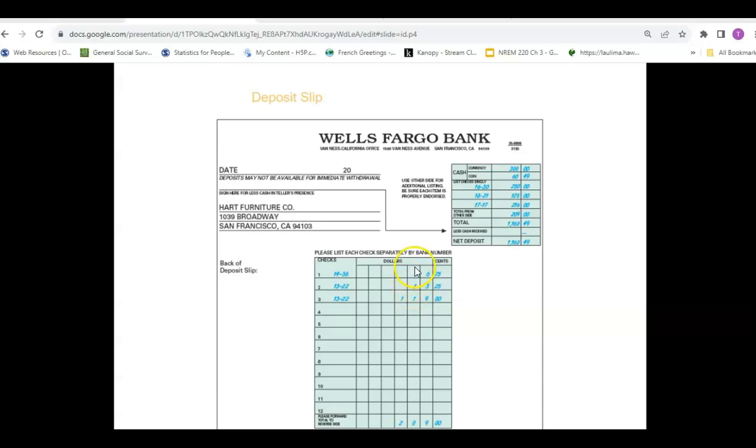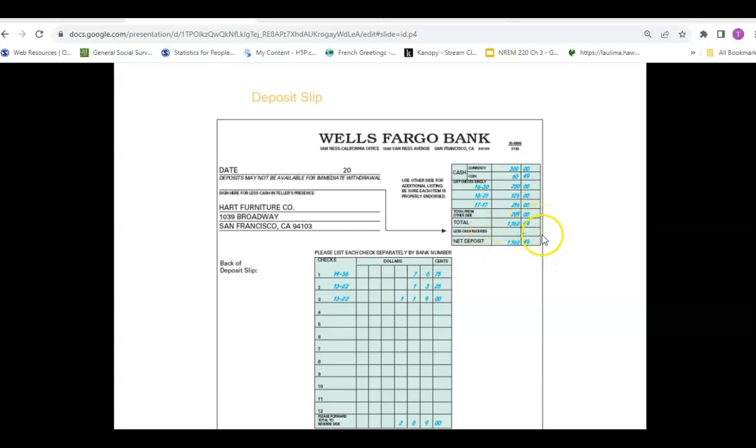It's separated by each individual dollar amount, the cents, and then we also total this section from the back side of our deposit slip. That's where we get this total from other side. Below that we have the total. So the total is all of the cash, currency, coins, and all of the checks that we're depositing.